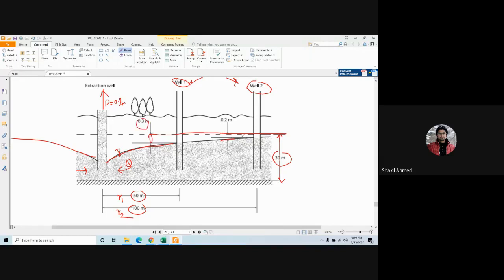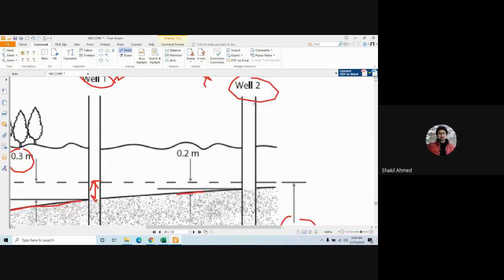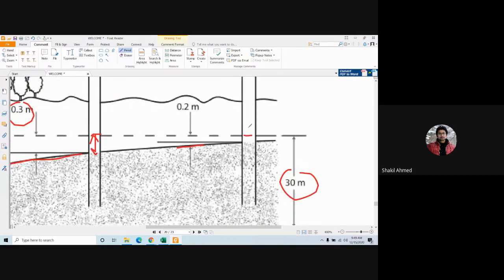They're talking about drawdown. This drawdown is 0.3 meter. And at well number 1 and well number 2, the drawdown is 0.2 meter. This is basically what we have to say.